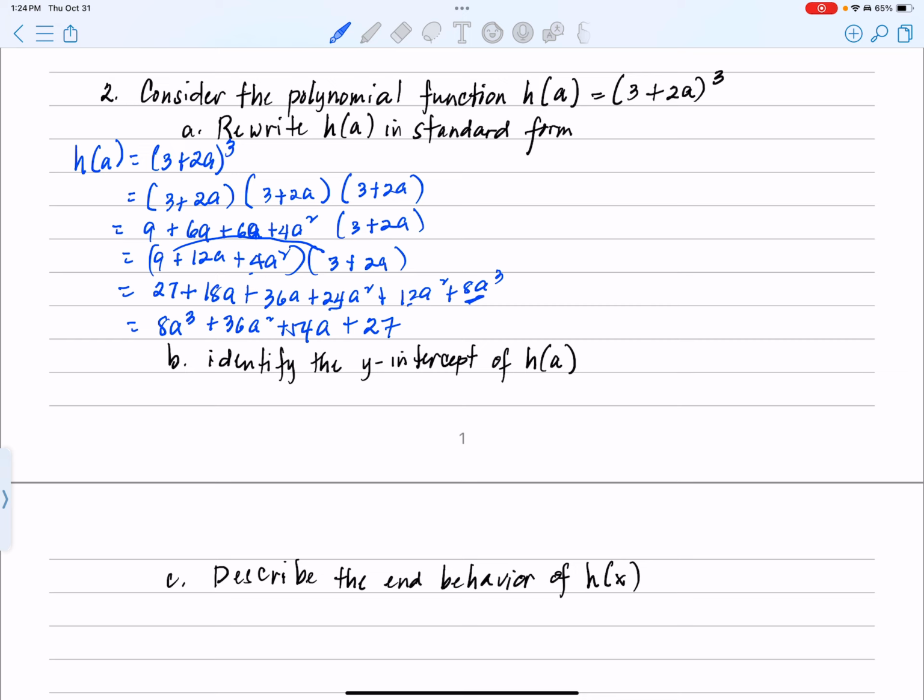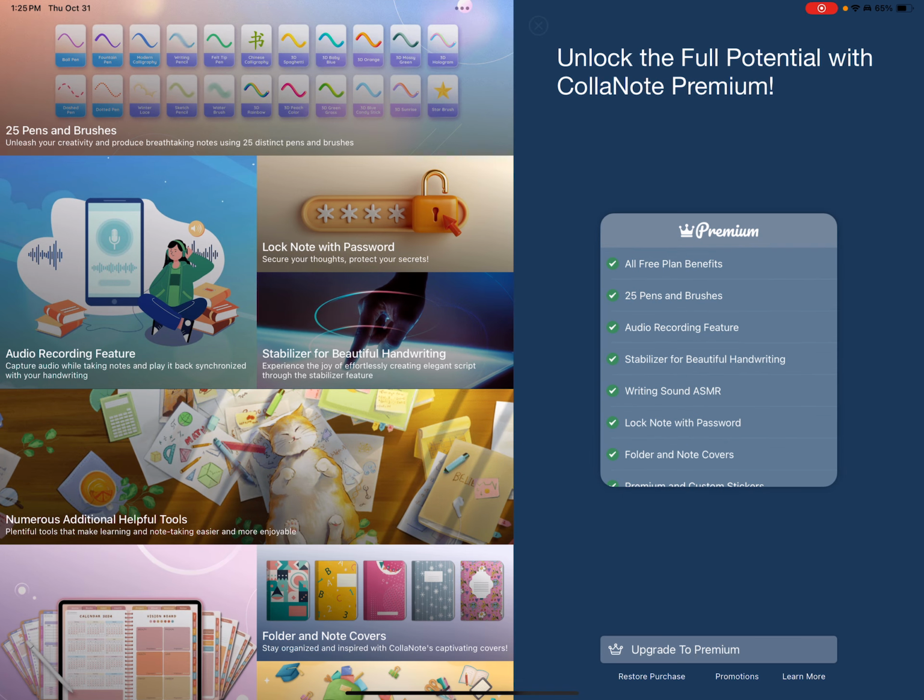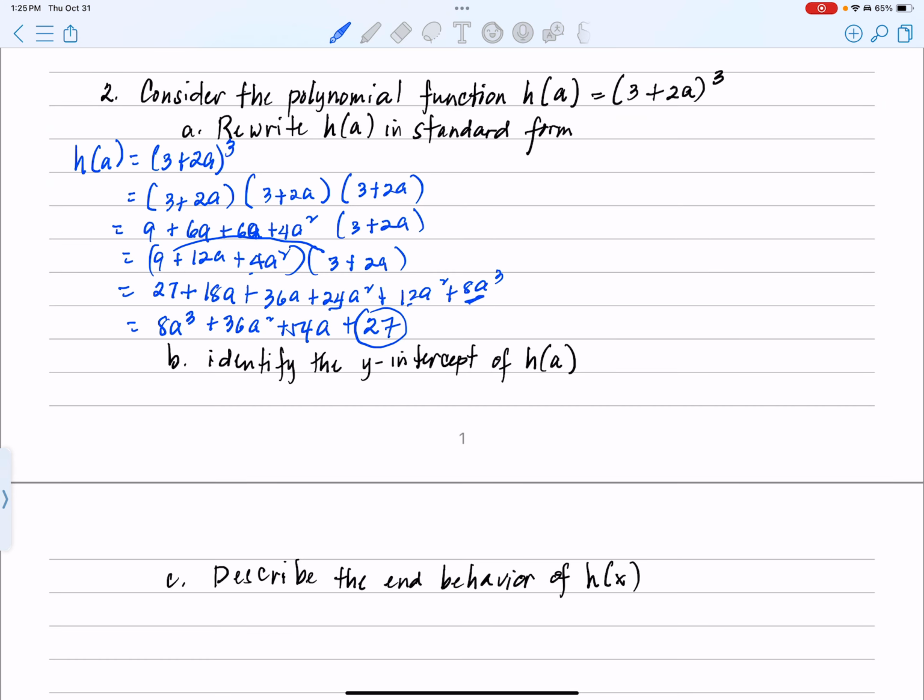So the constant here is 27. That's the constant. So the y-intercept is found at 0, 27. That is the location of the y-intercept.